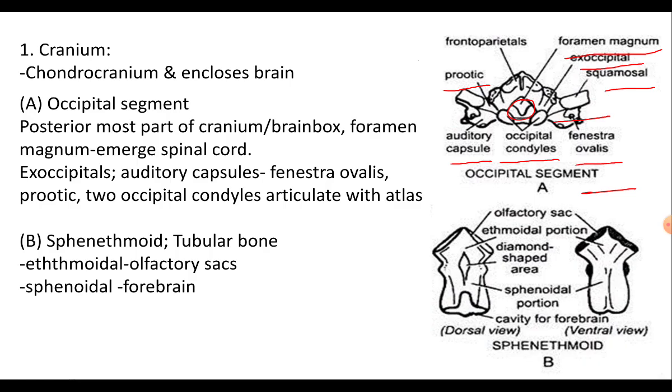Here you can have a look at the loose bone of the ethmoid bone. It is a tubular bone, and it encircles the anterior end of the cranial cavity, and it forms the posterior wall of the nasal cavity.